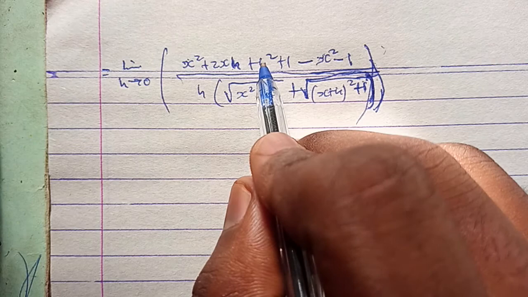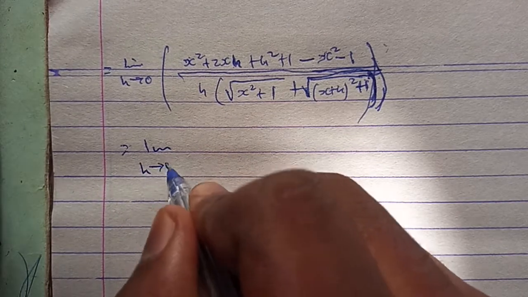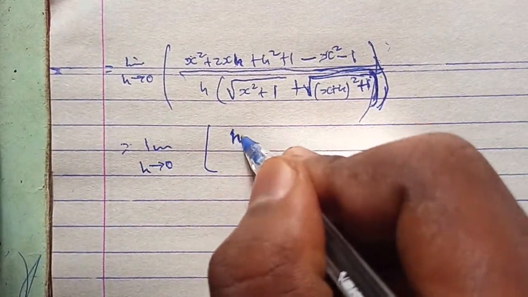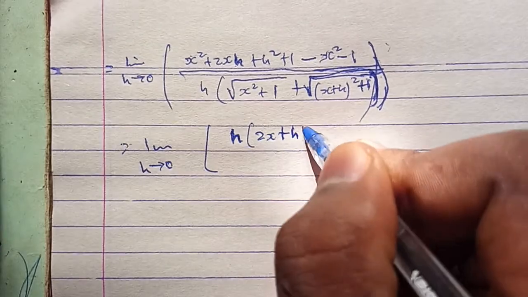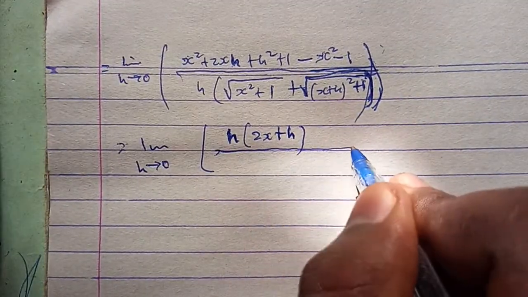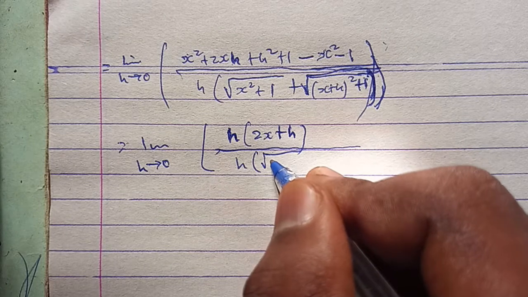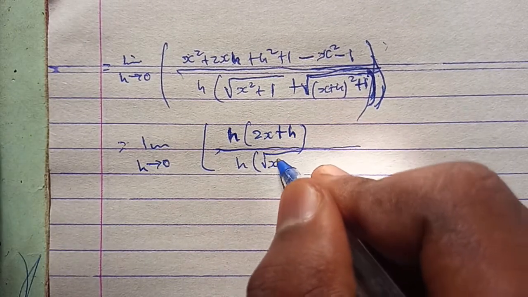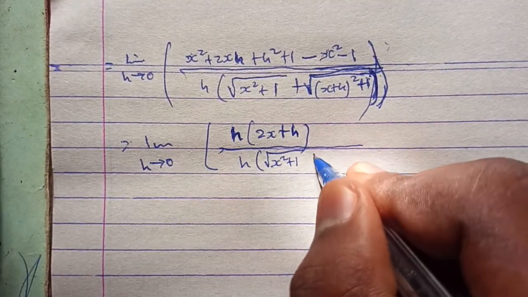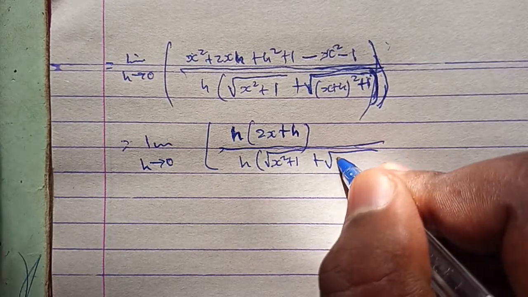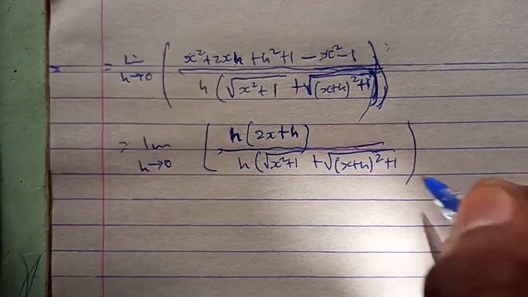So factoring that one out, we'll have lim as h approaches 0 of h multiplying by (2x plus h), then all over, have you seen that, guys? h multiplying by the expression square root of x squared plus 1, plus another square root of (x plus h) squared plus 1, then you close your bracket.